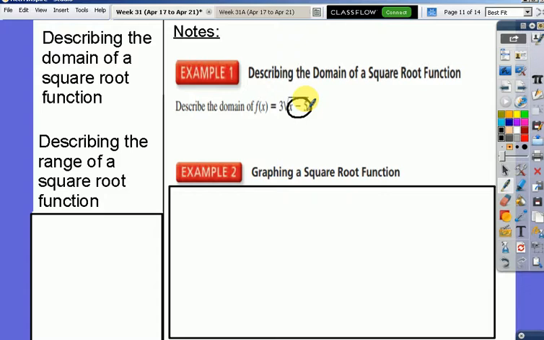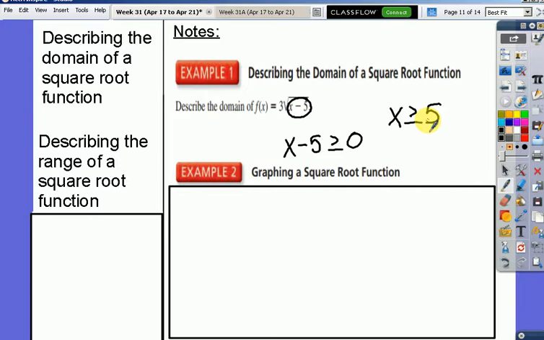It can be equal to 0, but it cannot be less than it. So I just set that inside greater than or equal to 0, and then I just solve for the value of x. So when I solve for the value of x, I get x has to be greater than or equal to 5 in order for me to graph this radical function.